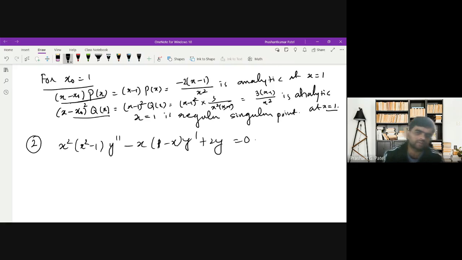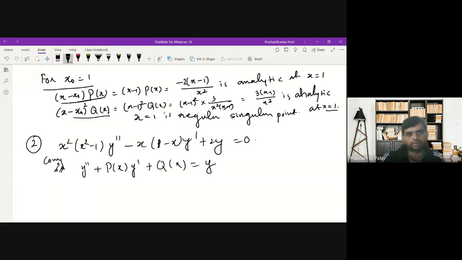So the first task is to calculate the singular points. For that, you have to check at which points p of x and q of x are not analytic. So first of all, you have to calculate the value of p of x as well as q of x. You can compare this equation with y double dash plus p of x y dash plus q of x y equal to 0.